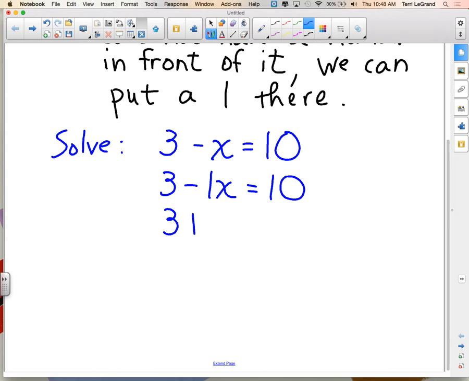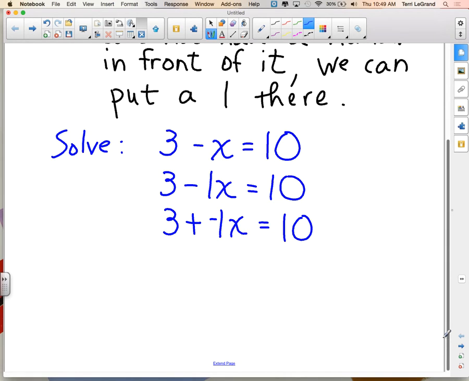The subtraction becomes addition. What is the opposite of 1x? Negative 1x. So this can be written as 3 plus a negative 1x. We're just giving it a new look.